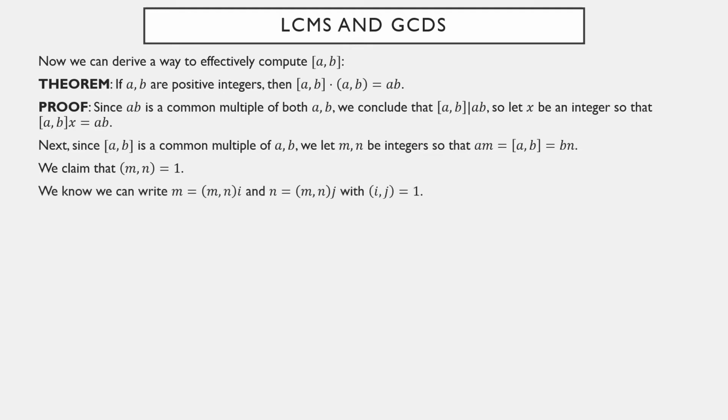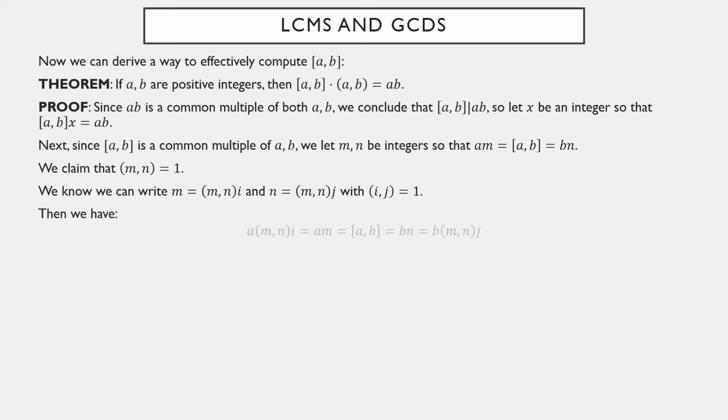We happen to know from our work with Bézout's identity that m and n can both be written as their GCD times something, where those two things are definitely relatively prime to one another. We can always take two numbers and write them as their GCD times what's left, and what's left will be relatively prime. This came from our work with Bézout's identity.